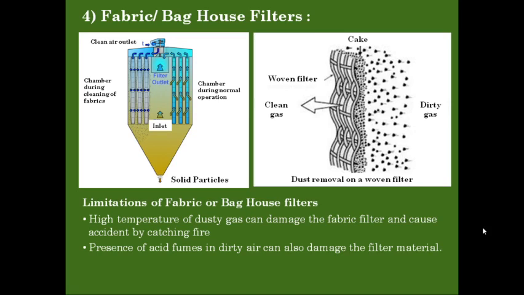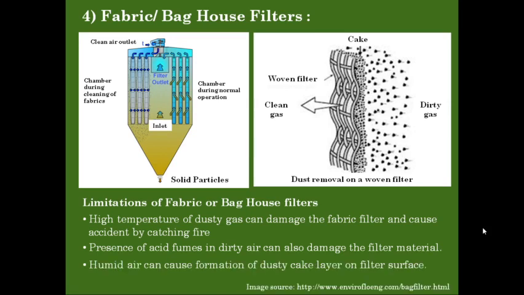In that case, because acids can cause damage to the filter material, the efficiency of your baghouse filters can drop down. Because these baghouse filters are very costly, you will have to replace your baghouse filters very frequently if they are exposed to the acid fumes. So gases having acid fumes are also not advised to be treated using these baghouse filters.